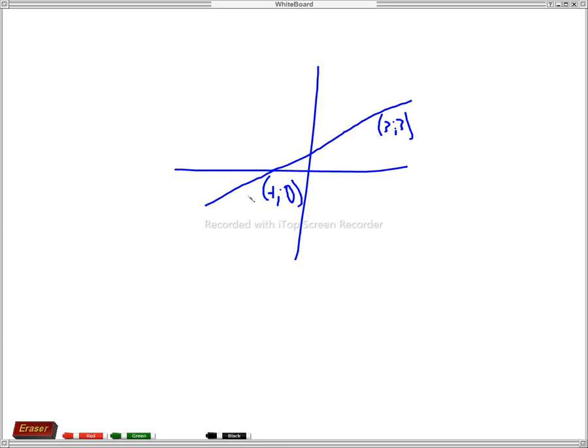When you are given something like this, they say determine the equation of line AB. So the equation of line AB, this is simple.